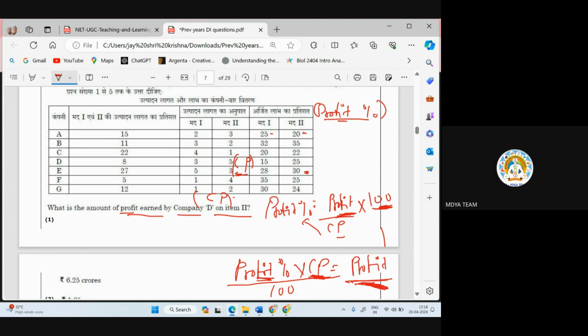Please don't use a calculator. Try to do the calculation on your own. Try to include calculation in your habit.